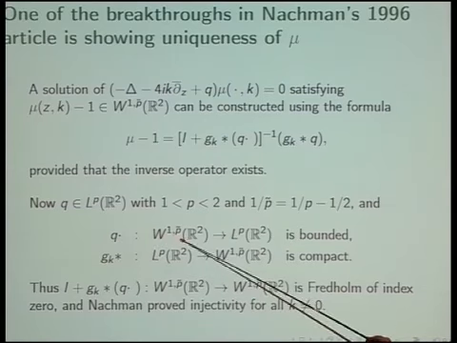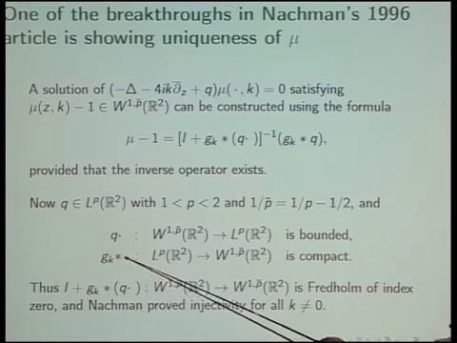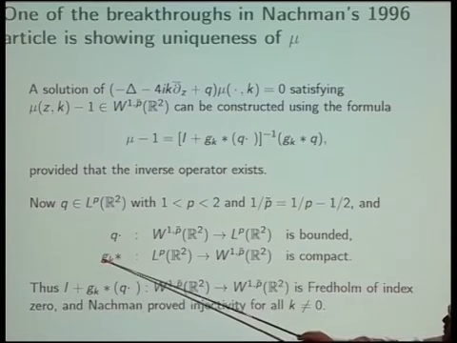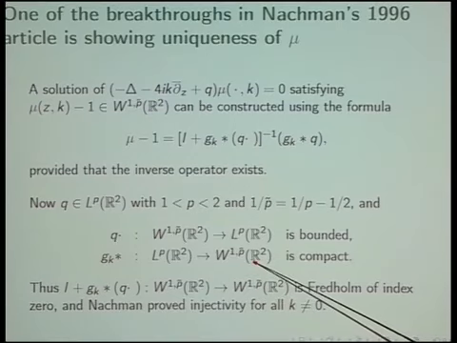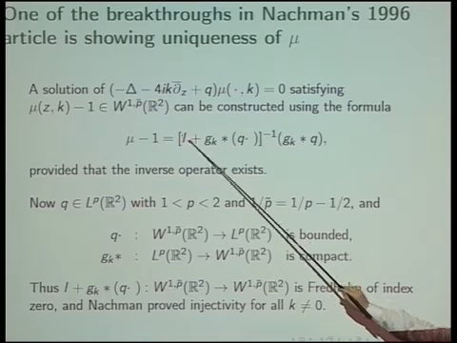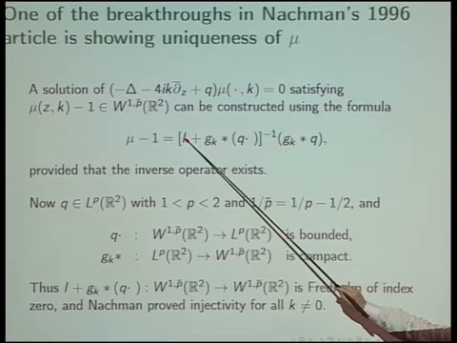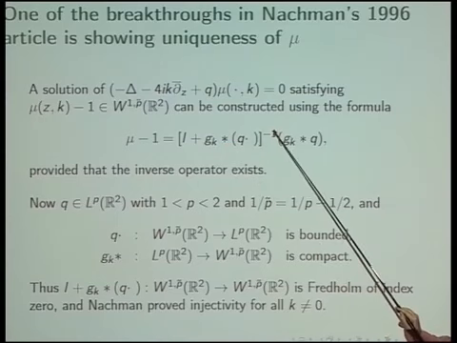Q is now actually in any L^p. It's a continuous, compactly supported function. Then there is some analysis to see what this convolution with this fundamental solution does. Well, it maps L^p to this Sobolev space, and actually it's a compact operator.